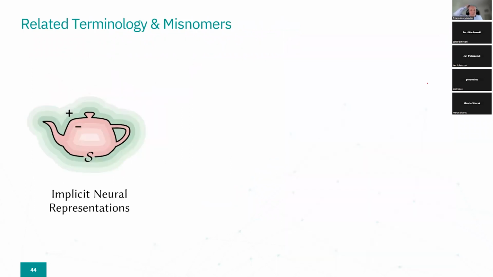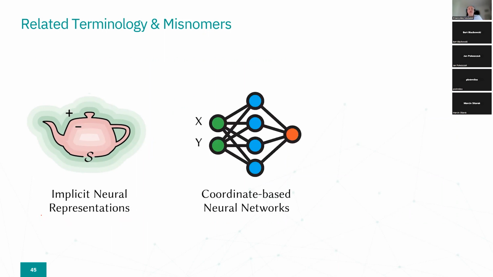So a few words on the terminology. I'm not going to bore you with this theory the whole presentation, so I'm going to show you some nice pictures in the end too. But first, these neural fields are very often also called implicit neural representations because they implicitly learn the function. Sometimes they're called coordinate-based neural networks.